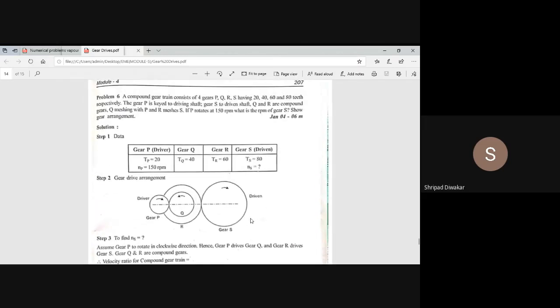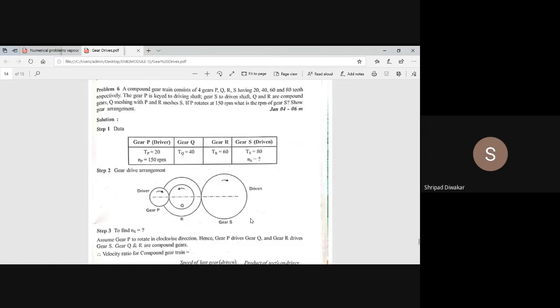Okay, so the first step is you have to read the problem statement carefully and write the sketch accordingly, whether it is a simple gear train or a compound gear train. Okay, and next you have to show the arrow marks. Always start the driving gear in the clockwise direction and the driven gear in the anti-clockwise direction.